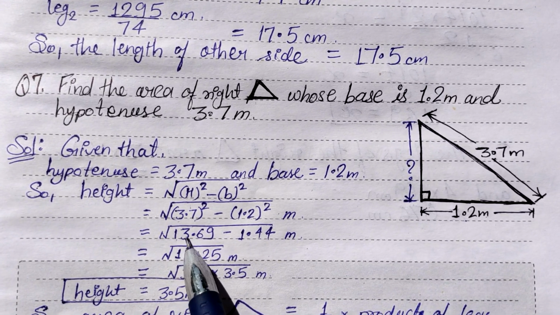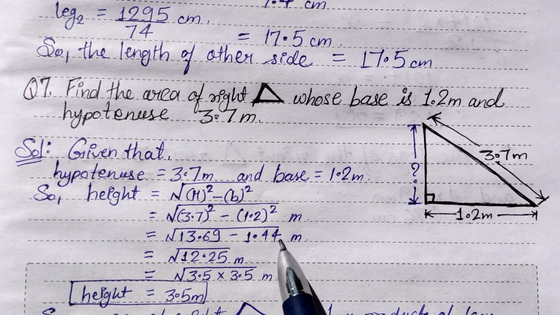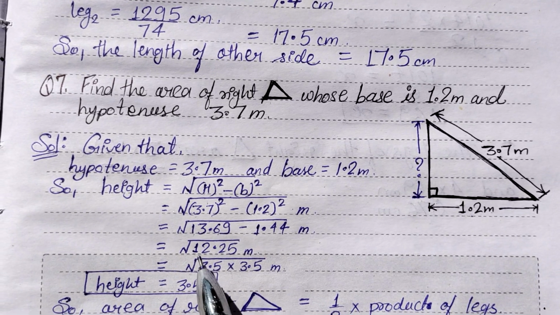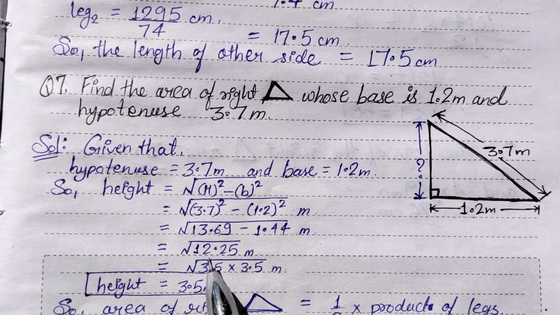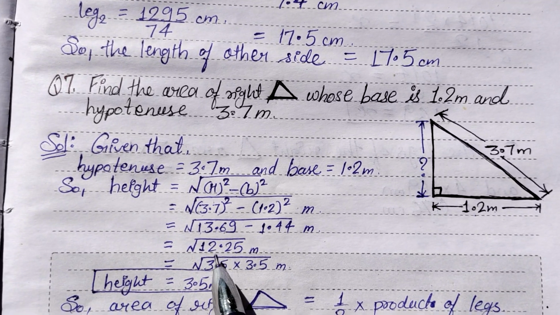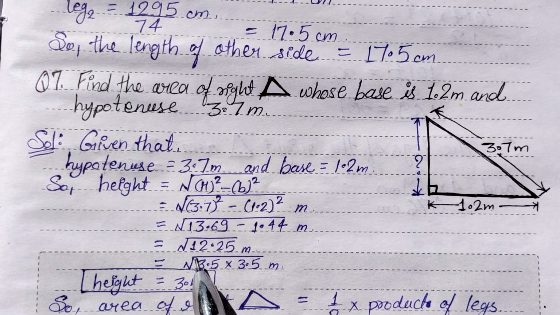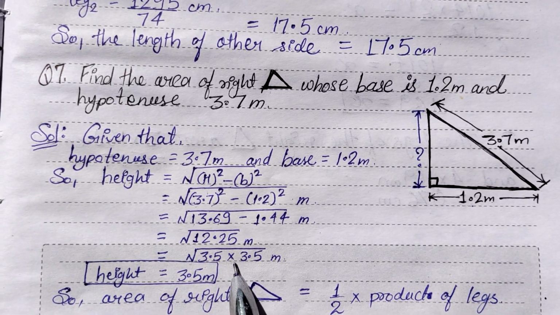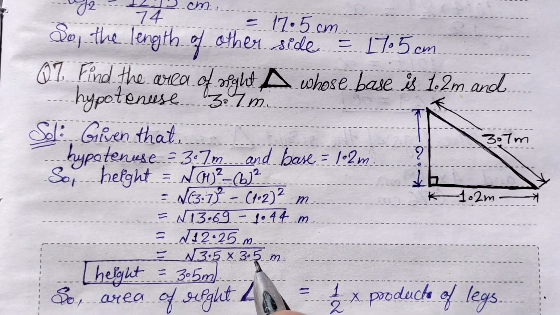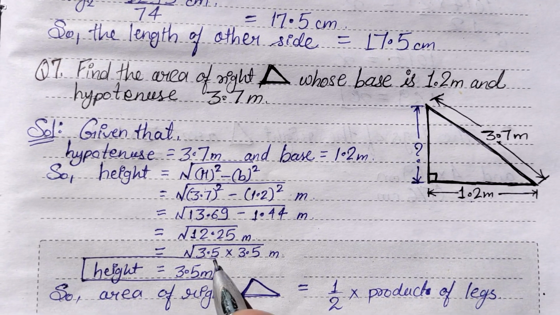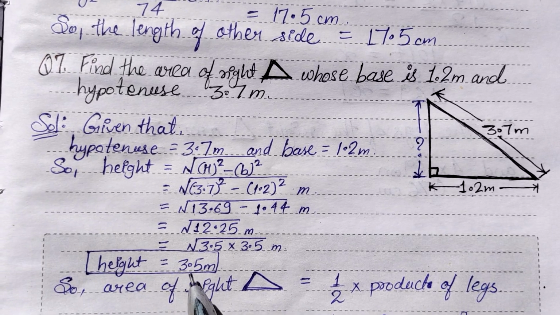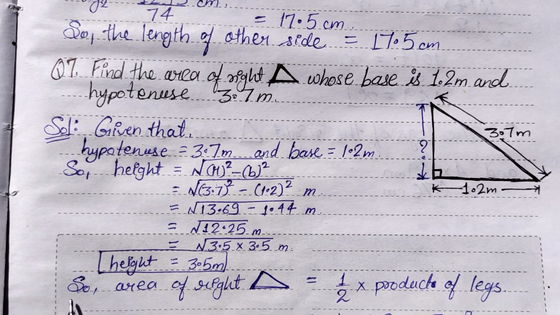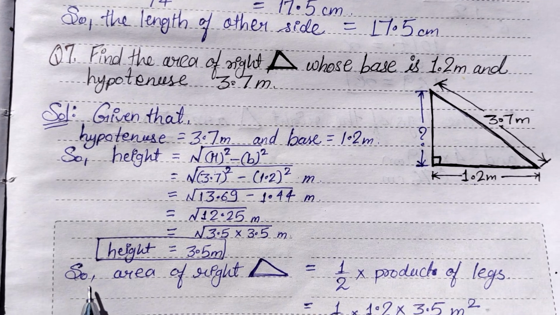Here we have 13.69 minus 1.44. Calculating this, we have 12.25. Now let's find out the square root of 12.25. We have 3.5 into 3.5. Now take out one number from the pair. We have height is equal to 3.5 meter and we have to find the area.